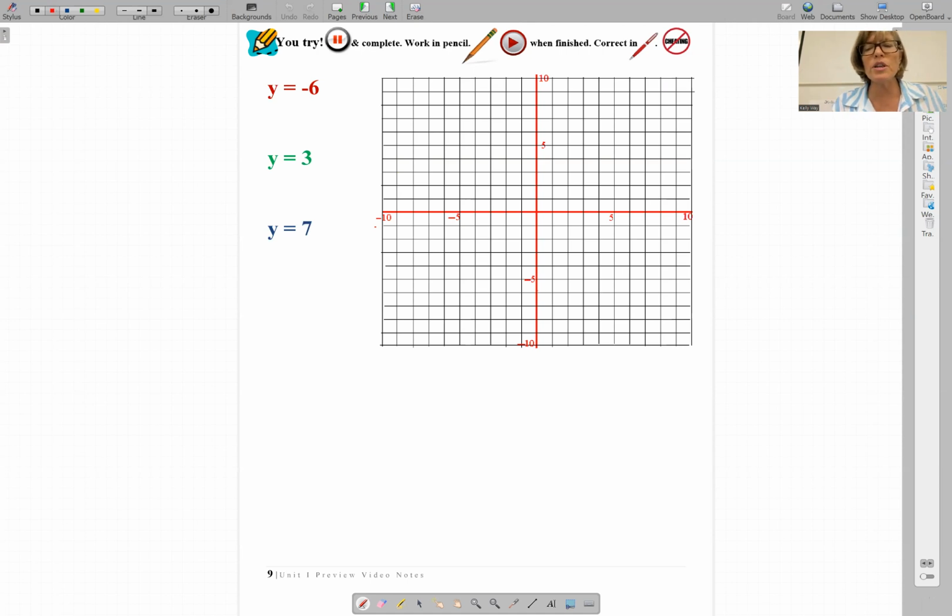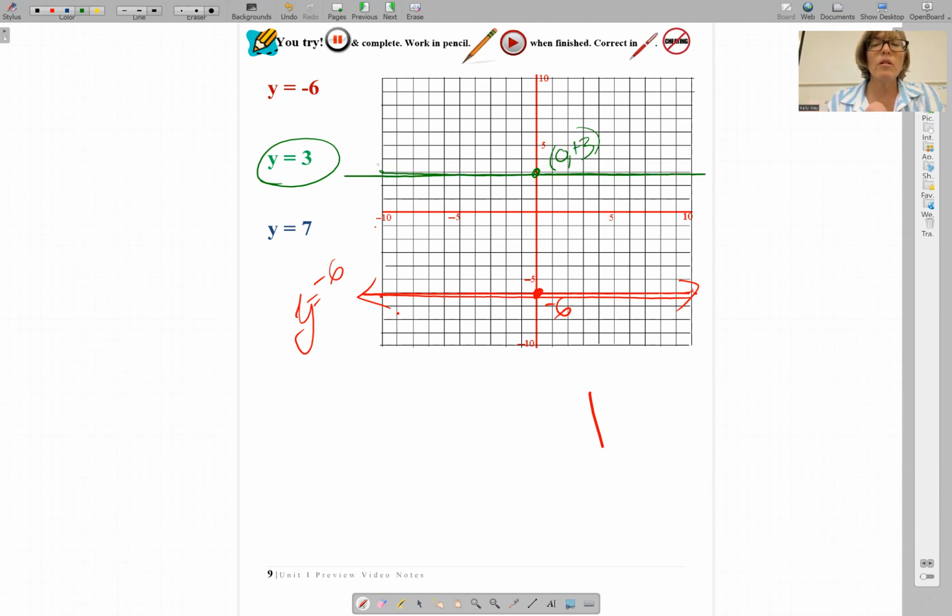Y equals -6. That means at -6, I have a horizontal line. That would be y equals -6. That's all the points where y is -6. Y equals +3. Right there is your intercept, (0, 3), and then all the points where y is 3. That's y equals 3.